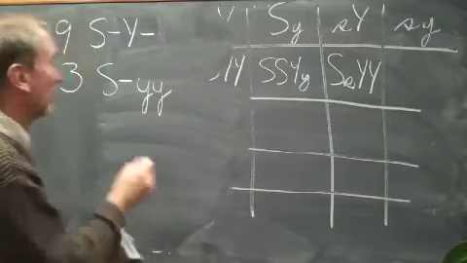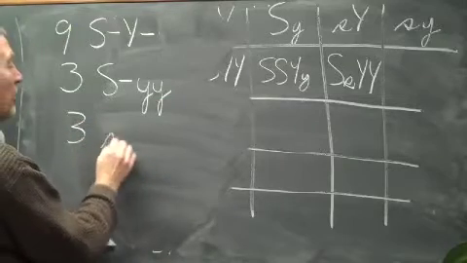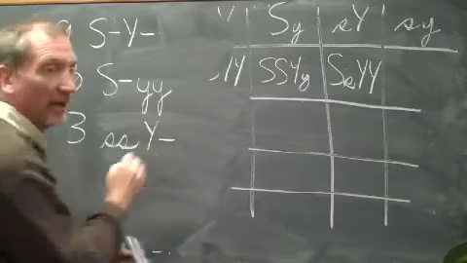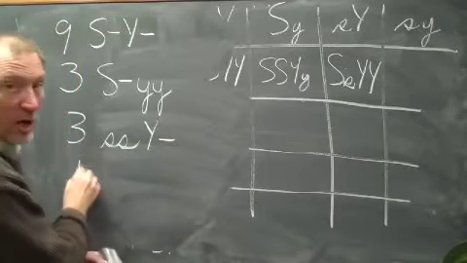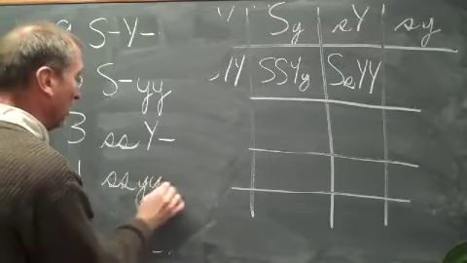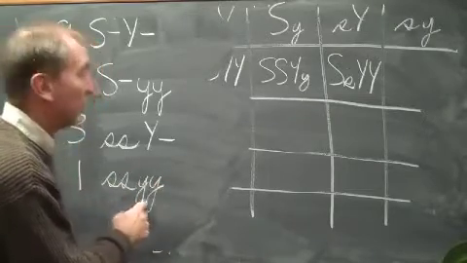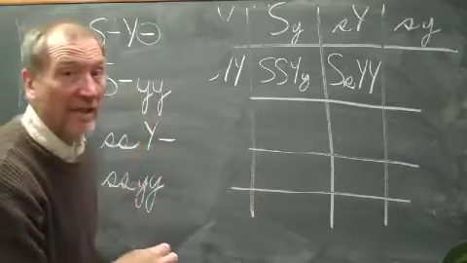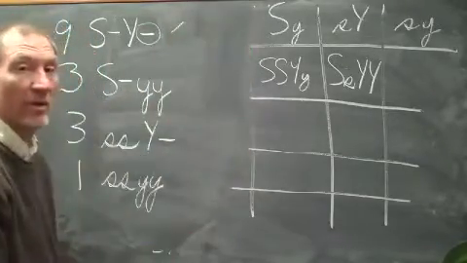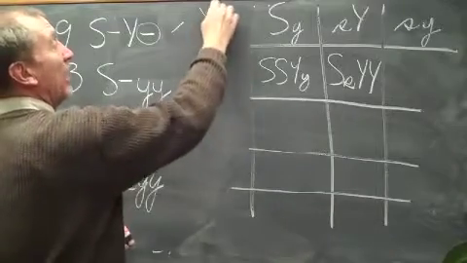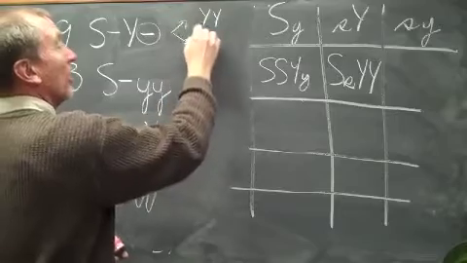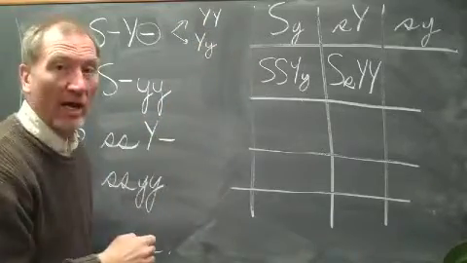3 are wrinkled, yellow, and 1 is wrinkled green. Remember, that dash means that the genotype could be either big Y, or the heterozygote, big Y, little y.